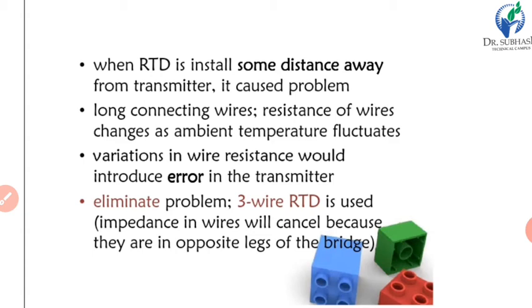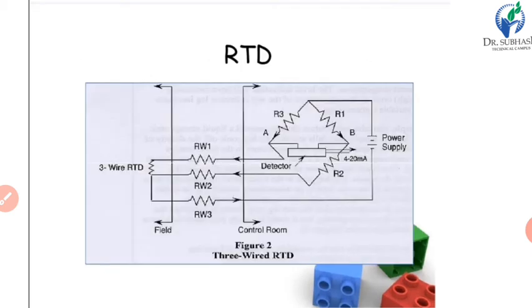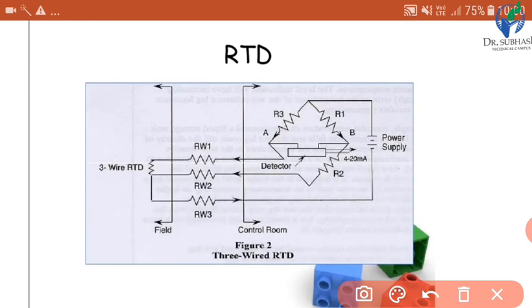Now what is the solution for this? To eliminate this problem, a 3-wire RTD is used. Impedance in the wires will cancel because they are in opposite legs of the bridge. So this is the solution for long distance wires. We can use 3-wire RTDs. This is the diagram of a 3-wire RTD.